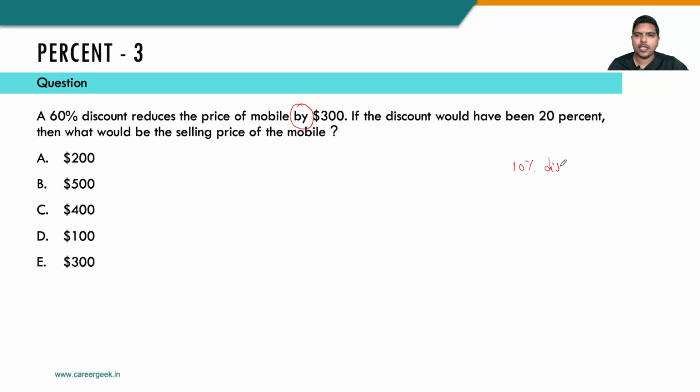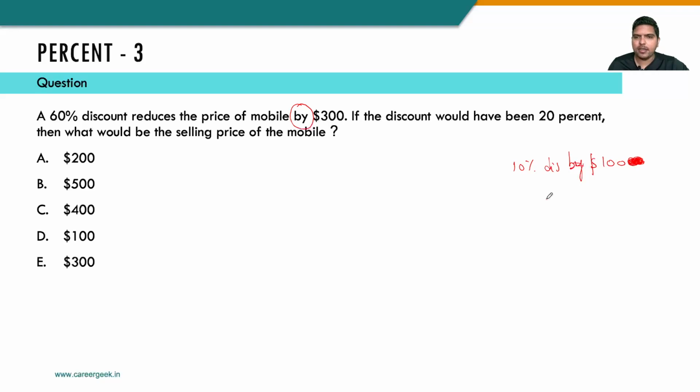Let's say a 10% discount will reduce the price by $100. So what does that mean?